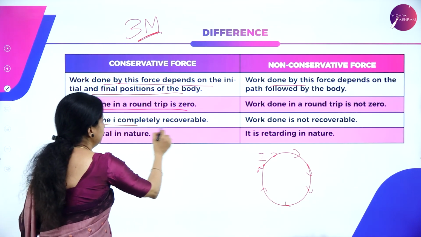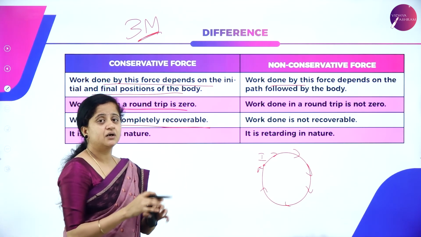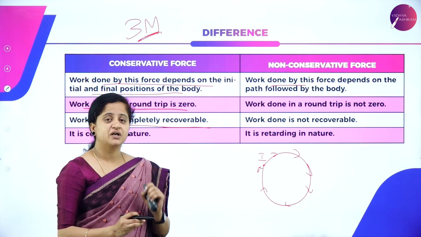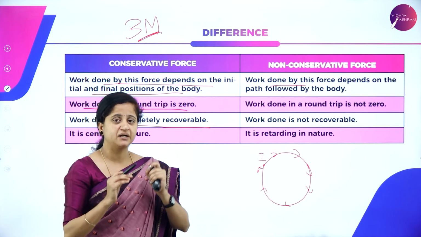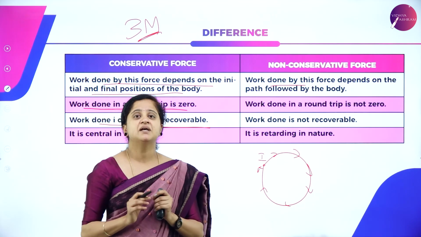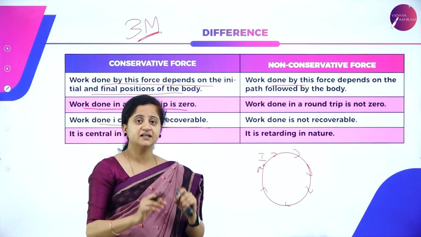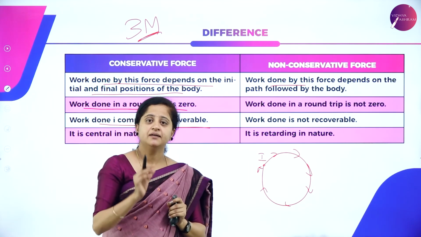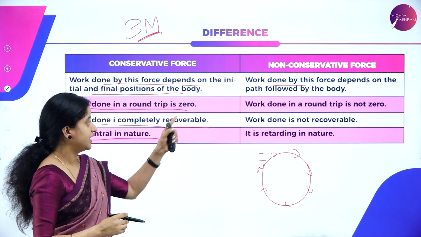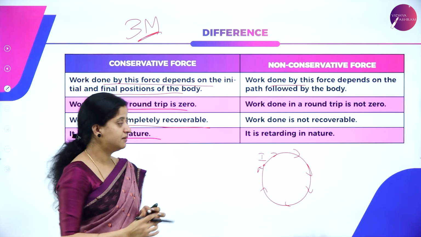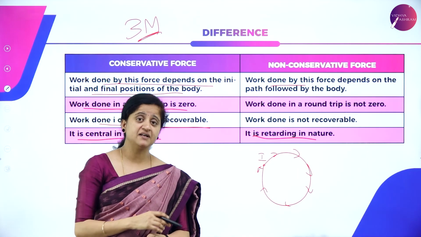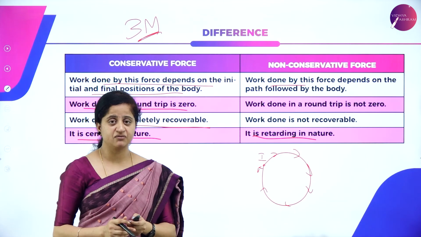And in the conservative case the work done is completely recoverable, because it depends only on the initial and final positions, whereas in the non-conservative case it cannot be recovered because the work done is based on the path followed. Conservative force is central in nature, and non-conservative force is non-central but retarding in nature. So these are the basic differences between conservative and non-conservative forces.